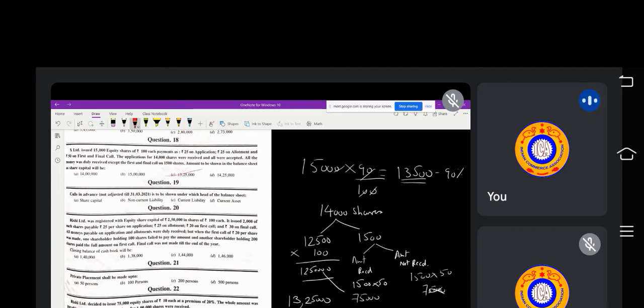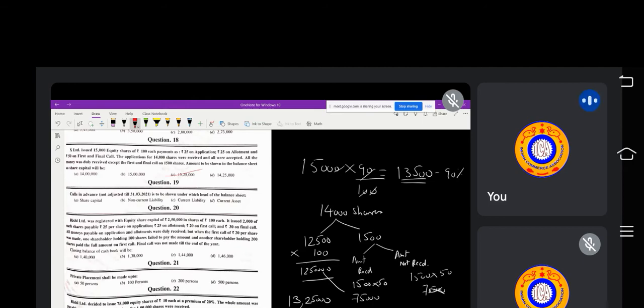The next question says calls in advance, that is the amount which has not been adjusted. Calls in advance which is not adjusted till 31/3/2021 is to be shown under which head of the balance sheet? So this question is from the notes to account concepts.